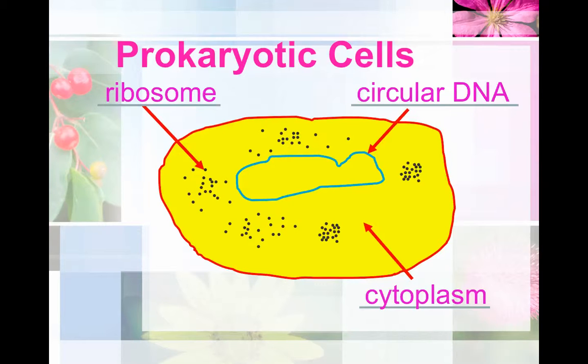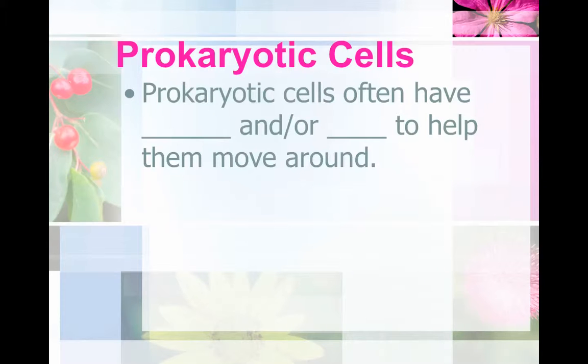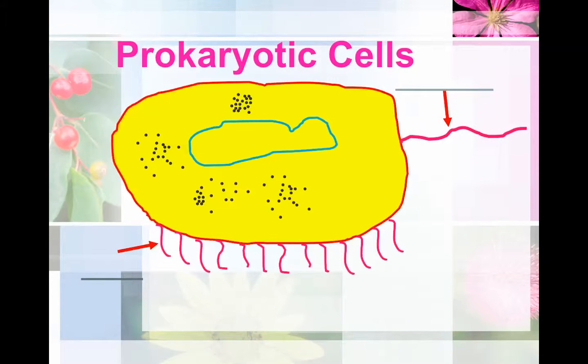And so let's see how it moves around. Let me show you what that is. It's called the flagella and the cilia. Let me show you a picture of that. So this little tail-like thing is called the flagella, and these little feet-like things are called the cilia. And that's how they move through your body, through air, through water, through what we call the primordial soup of when the earth was made, because these were the most basic cells.